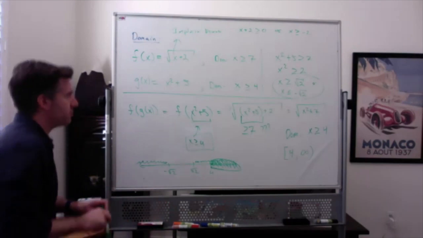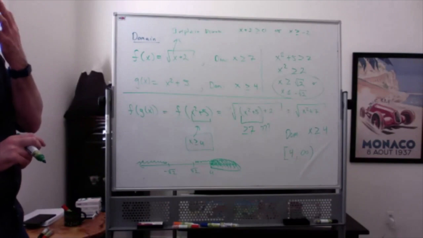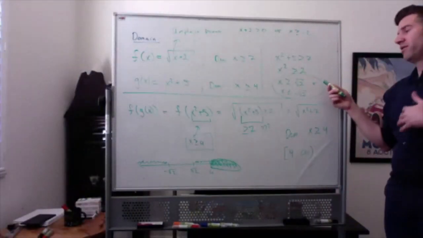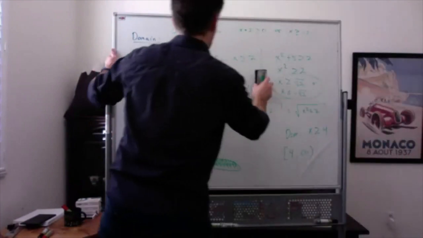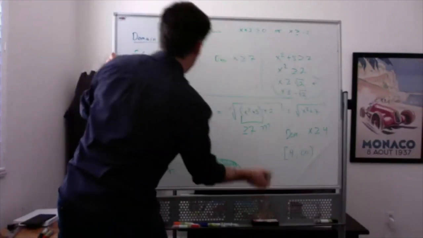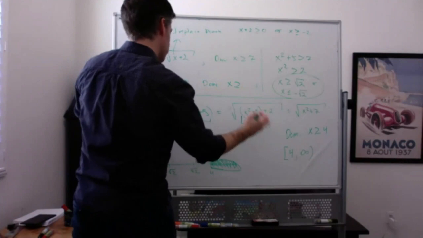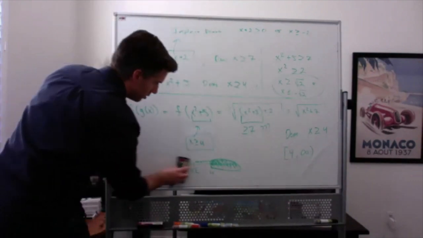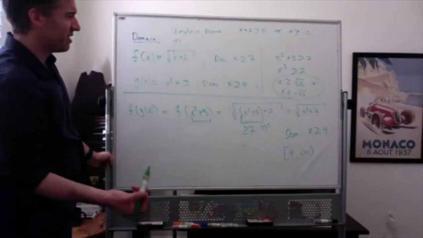Thank you. How did you get x is greater than or equal to the square root of 2? Sure. So from x squared bigger than or equal to 2, what I really did was, there's a couple ways to attack it.